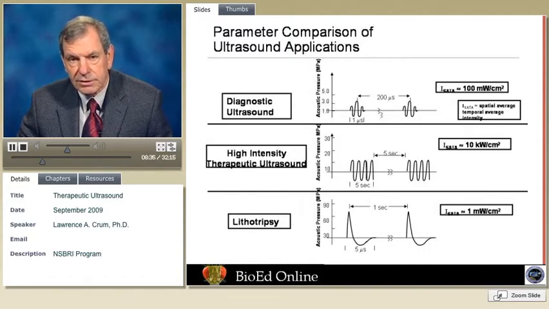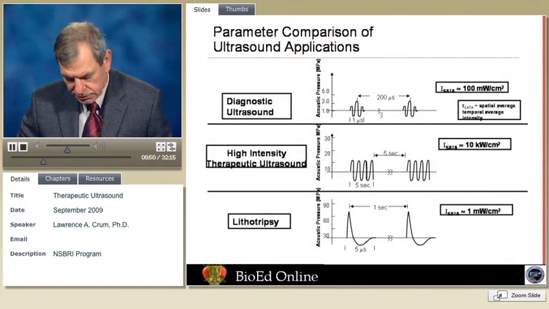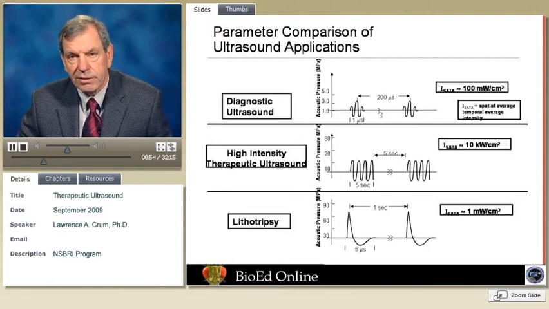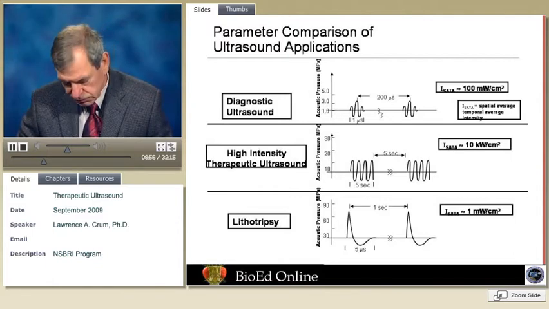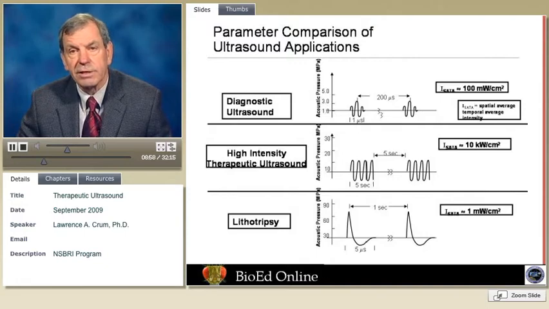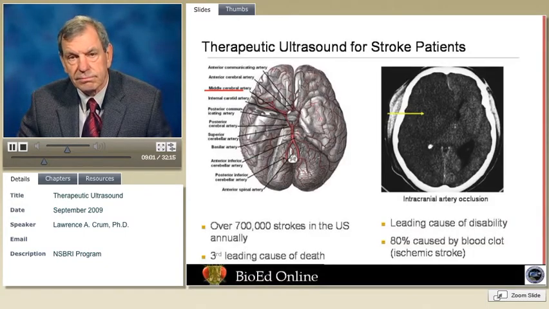On the other hand, this lithotripsy pulse actually causes kidney stones to break within the kidney. And the reason for this is that the amplitude of the pulse is extremely high, on the order of 1,000 atmospheres of pressure. So this sort of comparison of parameters and background information, I think, is useful when you start thinking about the applications of these technologies.